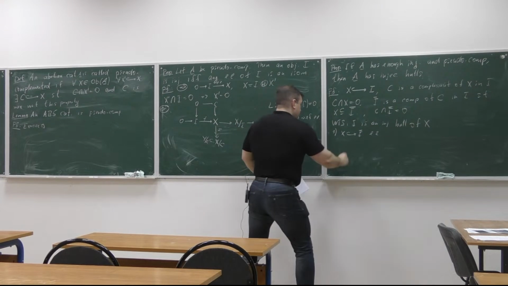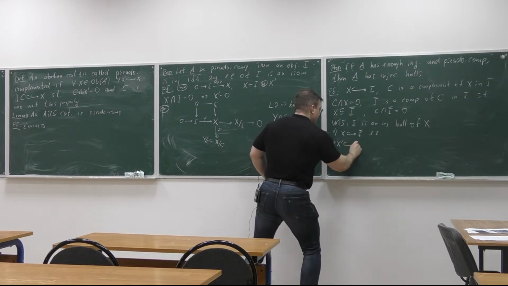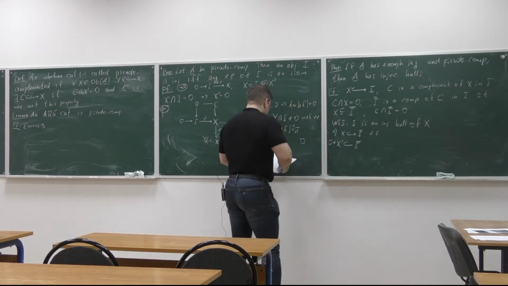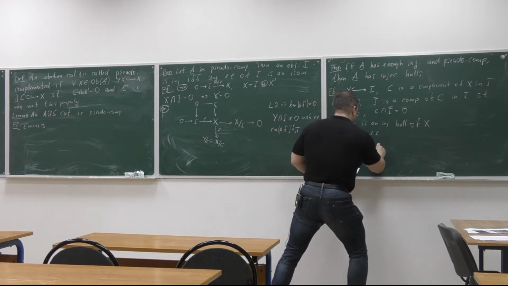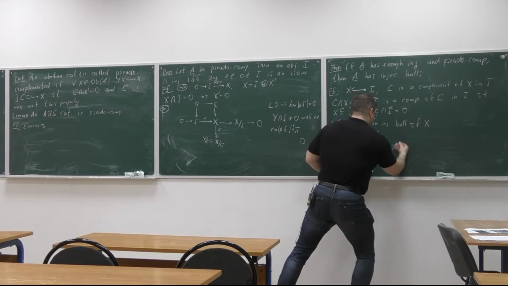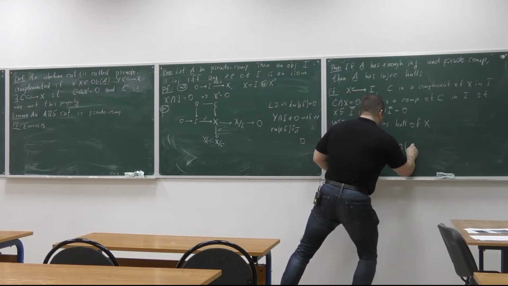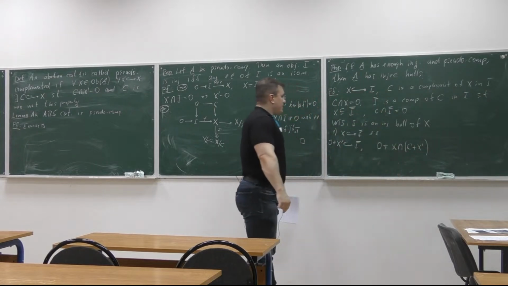Well, let's take an object X prime, which is not a zero object, and this is a sub-object in the I bar. What can I say? First of all, if I take the intersection of X and C plus X prime, then this is not zero.